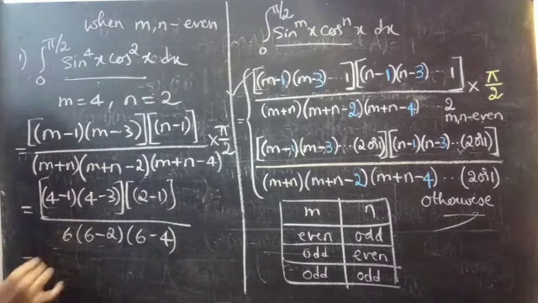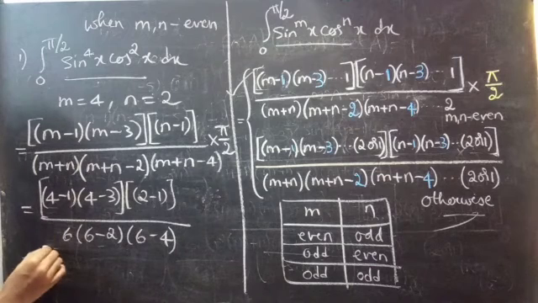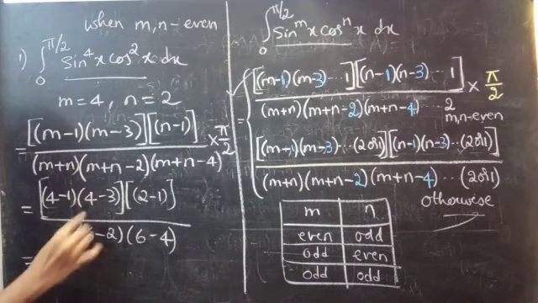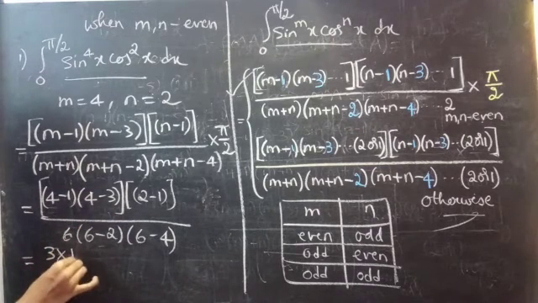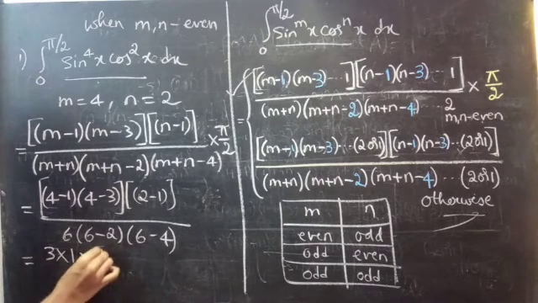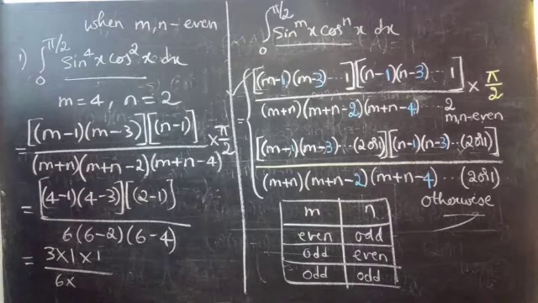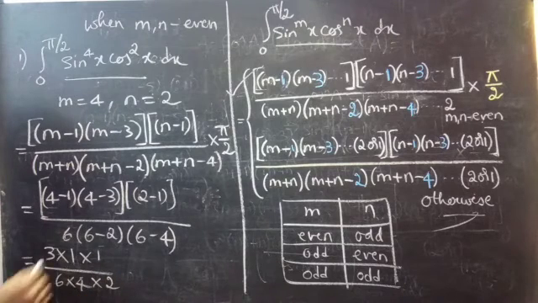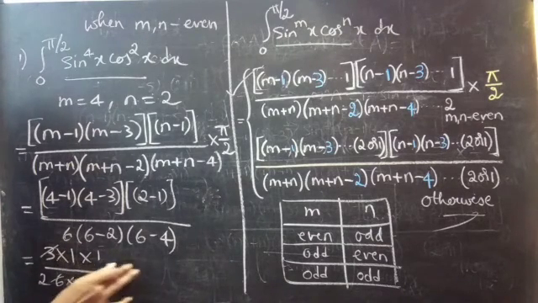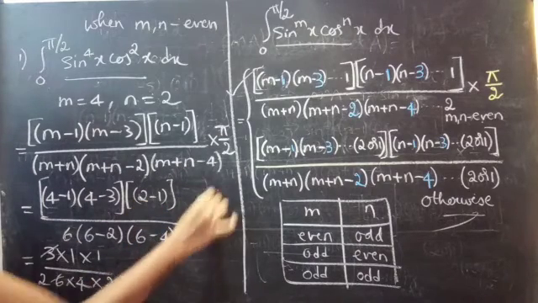So this is equal to 4 minus 1 is 3 into 4 minus 3 is 1 into 2 minus 1 is 1, by 6 into 6 minus 2 is 4 into 6 minus 4 is 2. So 3 ones are 3, 2 fours are 8, 6 eights are 48. Into pi by 2.